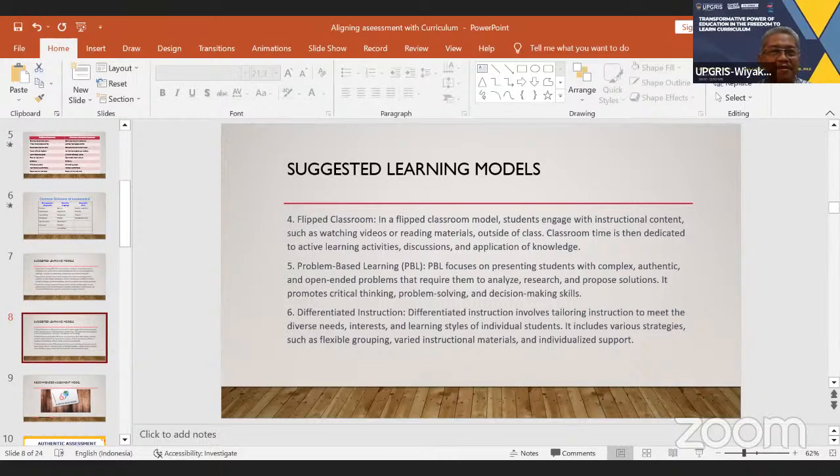And based on Lucia's research, it works very effectively in bringing the students to a good improvement of the learning outcomes.